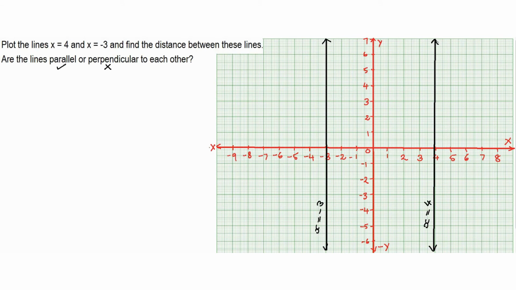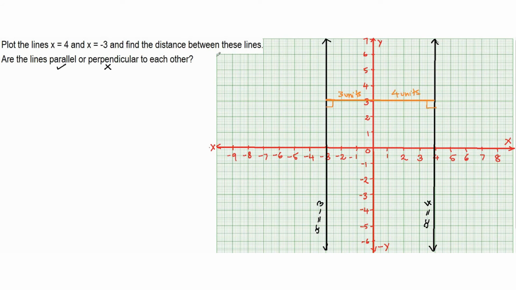Because these lines are parallel, you can find the distance between them. The perpendicular distance between them always remains constant. The distance between this line and the y-axis is 3 units, and the distance between the second line and the y-axis is 4 units.